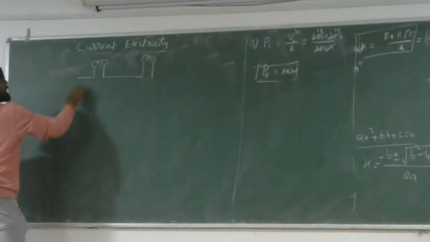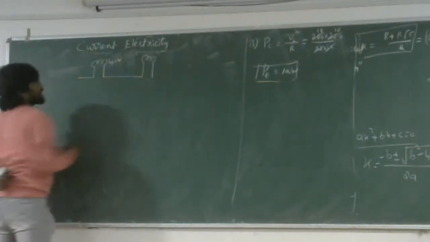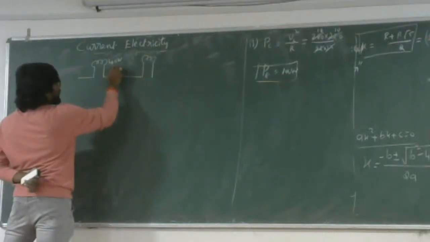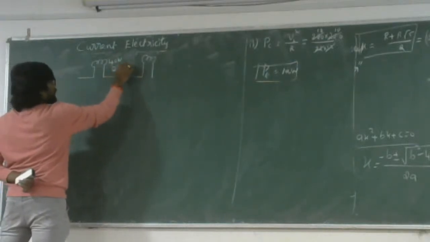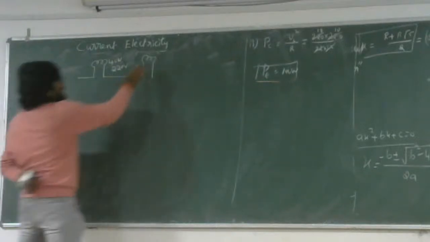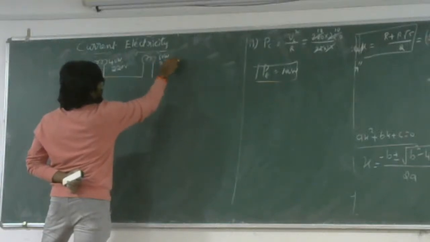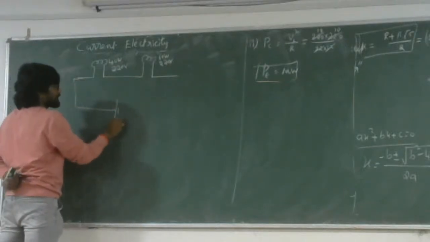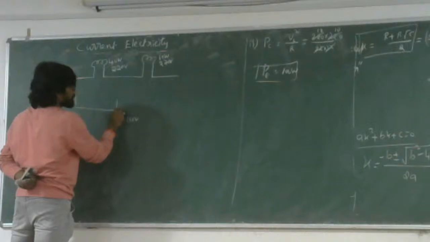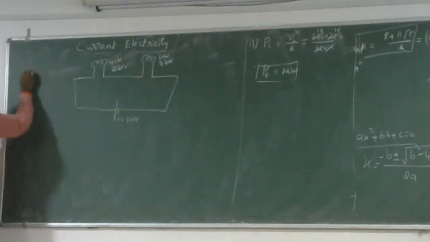One has a 40 watt rated power and 220 volt rated voltage, and the other has 60 watt rated power and the same 220 volt rated voltage. This is connected to a line supply of V equal to 110 volt. So which bulb glows brighter is the question. Write down here as a note.